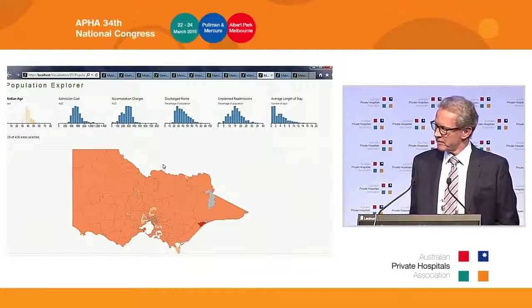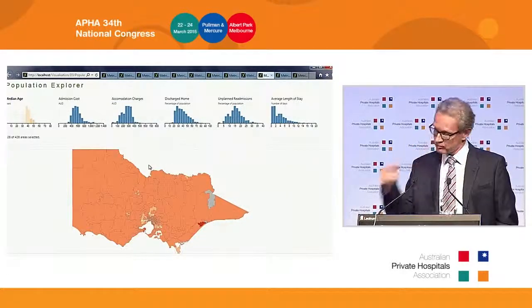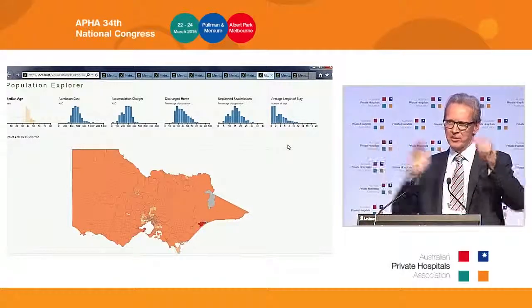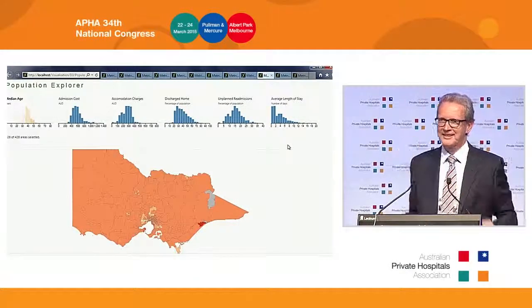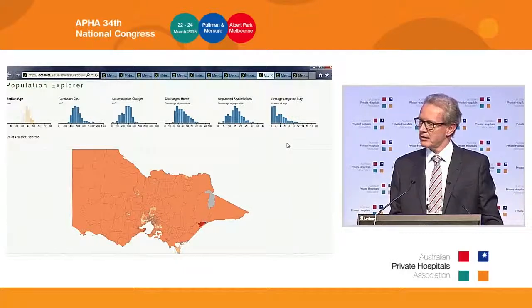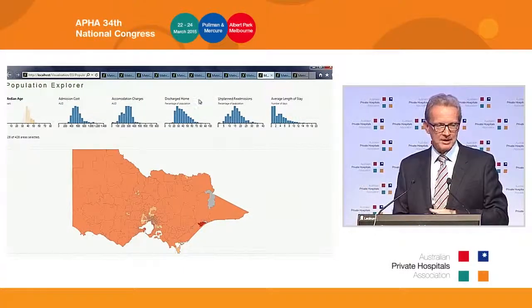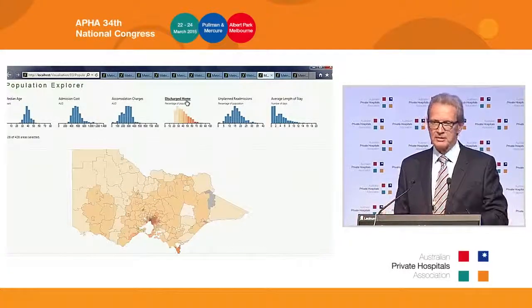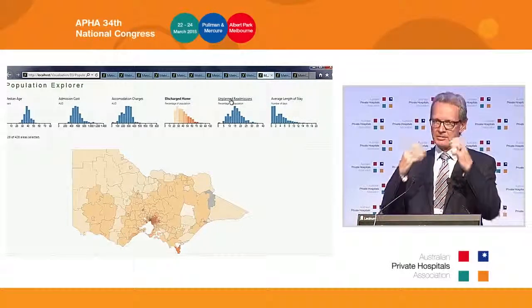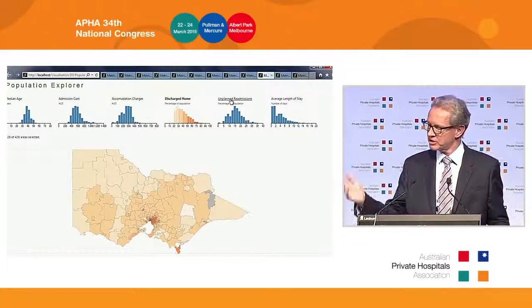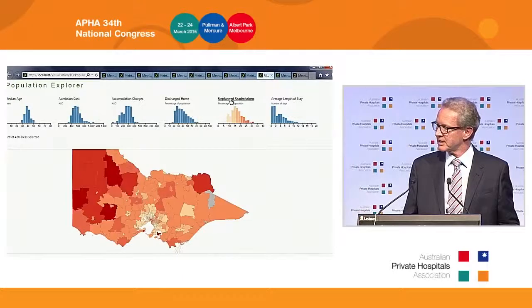Now, this is a map of Victoria. This graphic works for Victoria because Victoria is long and flat, so you can put it on. But Western Australia we can't do because we can't fit it on the chart. Now, this is a program that isn't actually backed by the data, but the program is available, and but for having the data plugged into it correctly, it would operate like this. So just to show you what's possible with the analytics, let's say unplanned readmissions against age.